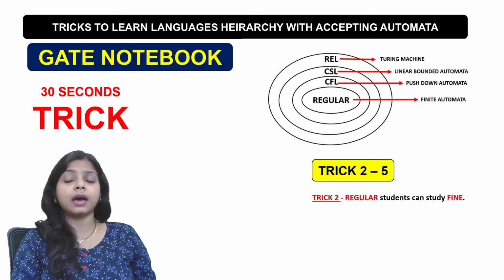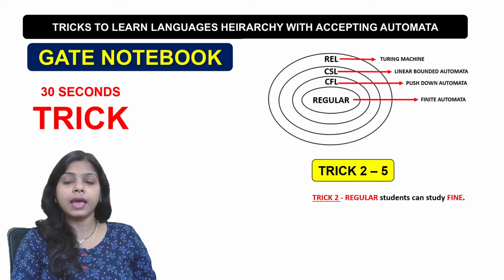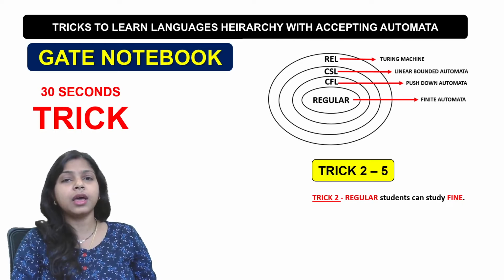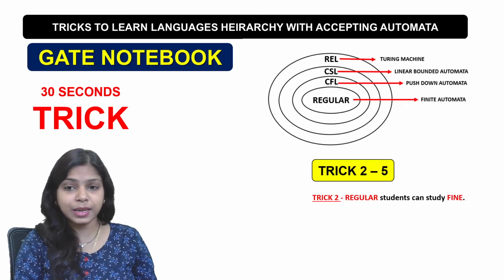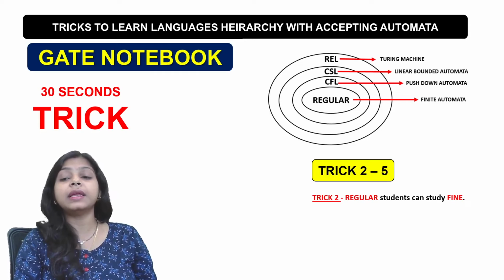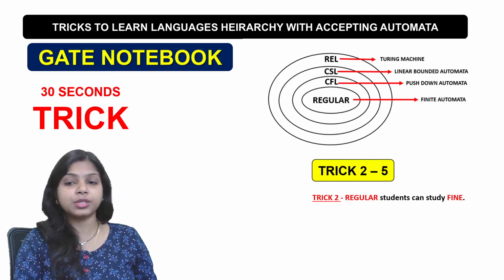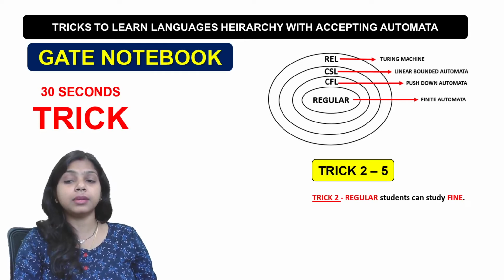Then you can understand each and everything finally. And one more trick will be there so that you can understand the concept easily. So regular students can complete the syllabus in finite time. Okay, regular students can cover the syllabus in finite time.